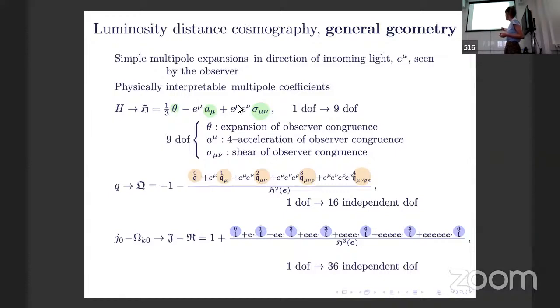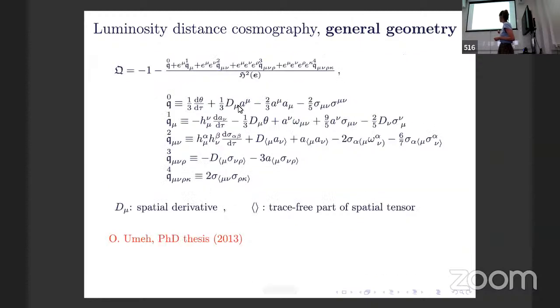Okay, and we can look at how these coefficients look to get some insight into how anisotropy and inhomogeneity enter in these effective cosmological parameters. So here we can look at the deceleration parameter.